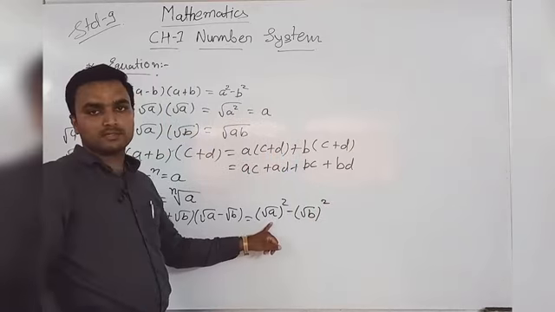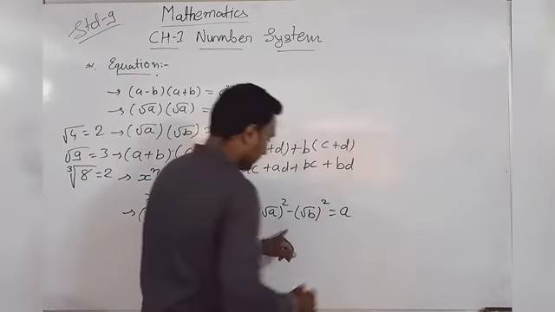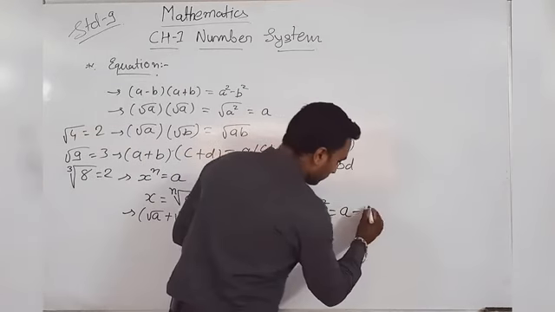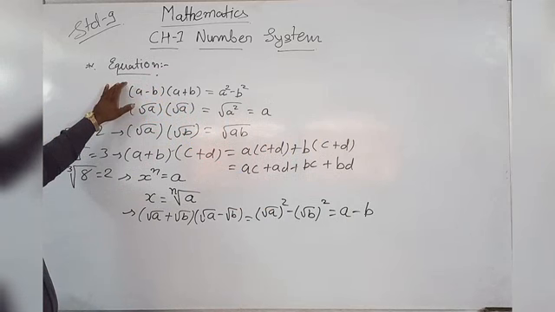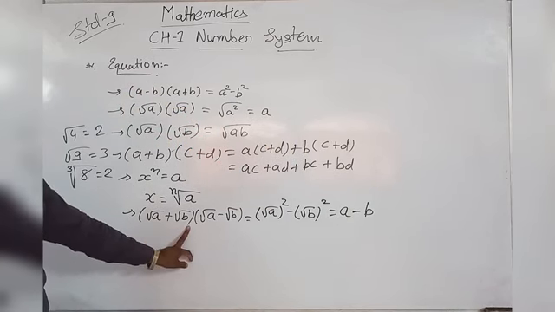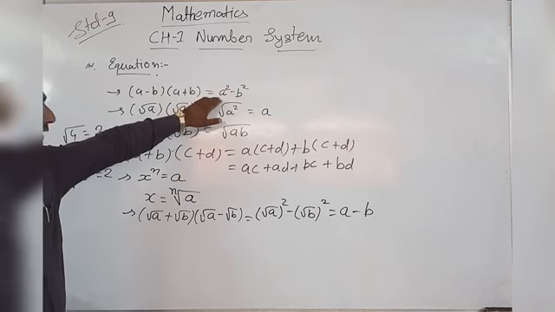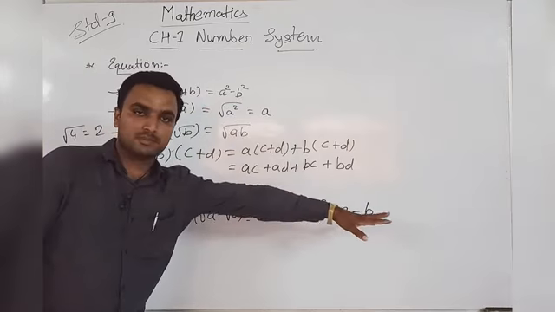We know that for root a square, root and square both are cancelled, so that's why here it is a minus root b square, that is b. See here, what is the difference between this and this equation? Both are the same, but here it is a and b given. Here it is square root a and square root b given. So that was the difference in both answers. Here a square minus b square, here a minus b only. Clear?